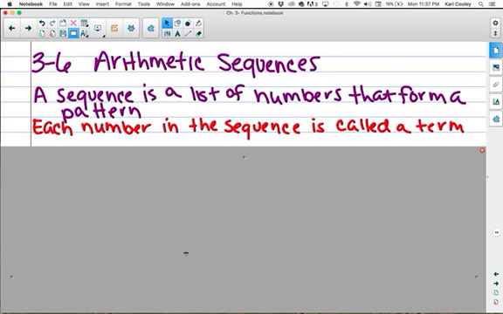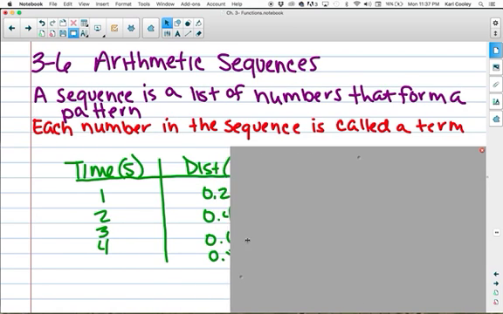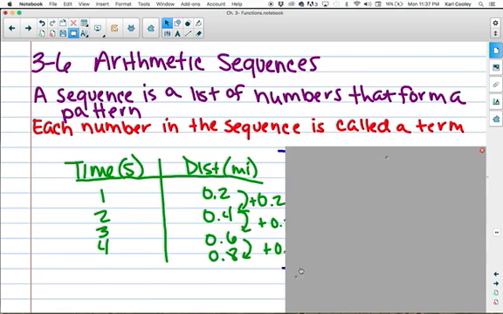So if I'm given data, for instance, the distance traveled in seconds is 1, 2, 3, 4, and in miles is 0.2, 0.4, 0.6, 0.8. I'm sure all of you can look at this data and go, yeah, there's a pattern. I can see that there's an increase of 0.2 that's happening as time passes.